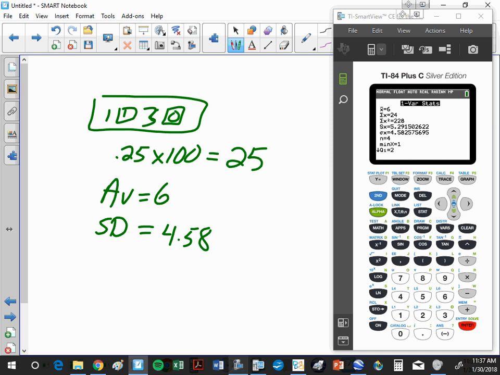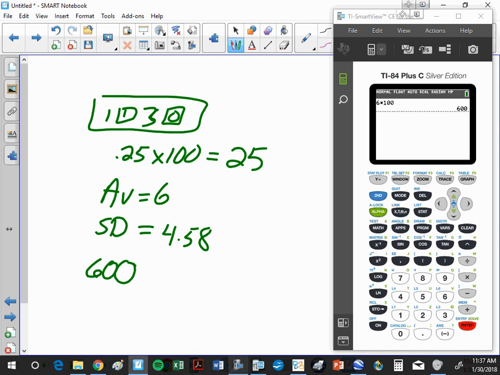And if we do 100 draws, 6 times 100, your expected value is 600. Which you can do in your head, right?